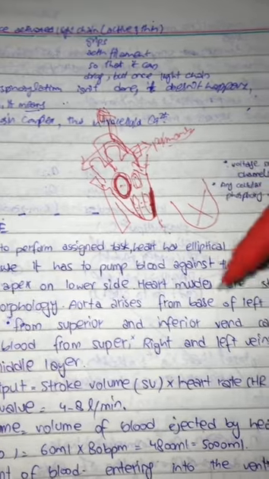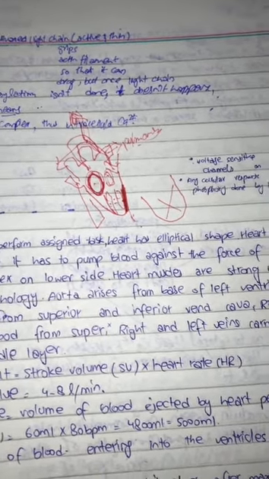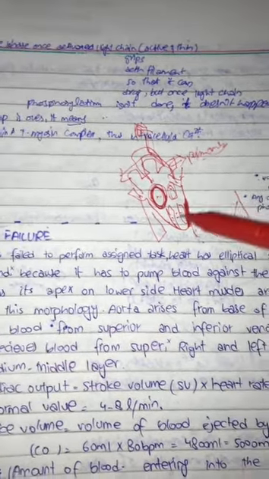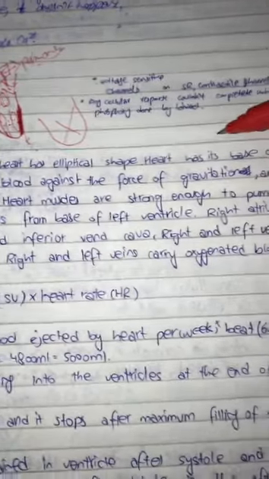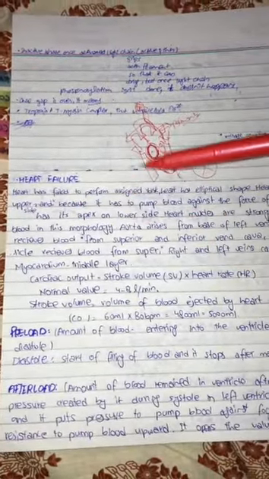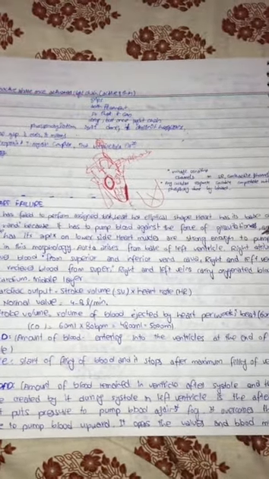So a proper and magnificent force is required to pump blood in a very good manner. That is why the heart has an elliptical shape. The heart has its base on the upper side because it has to pump blood against the force of gravitation.